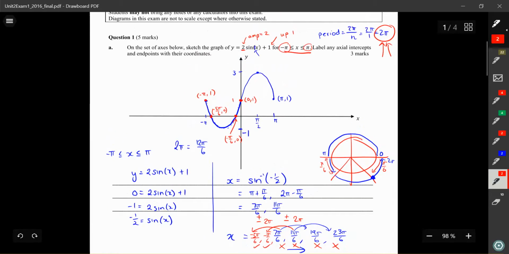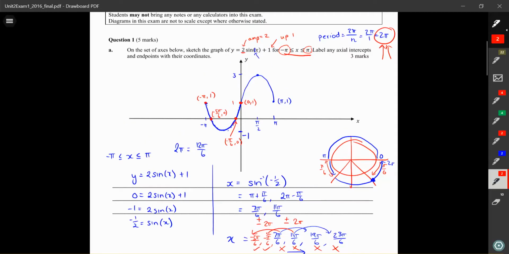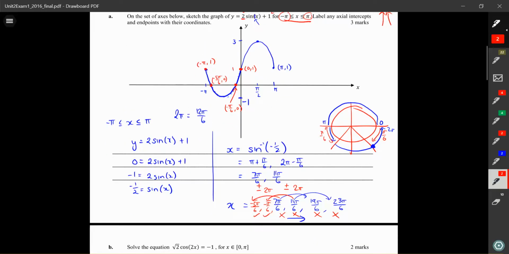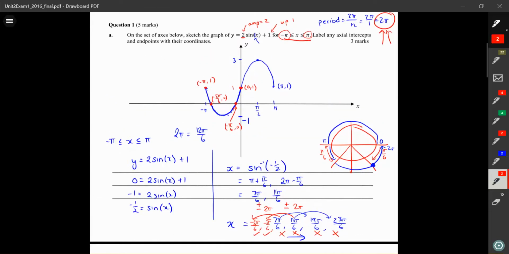Okay, there you go. Got my first 5 marks. I've sketched the 3, and then I've solved the 2 for the solutions, and that's my answer there. Okay, so label the axial intercepts and endpoints with their coordinates. It says coordinates, so make sure to label the coordinates.